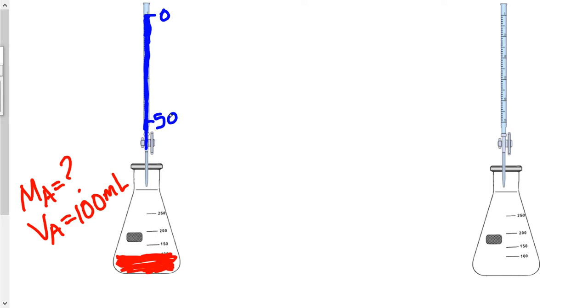But the only way you can see a color change is if you're using an indicator, otherwise you have to use a pH meter. So let's just say we are using an indicator, phenolphthalein. So we have to add that indicator to this Erlenmeyer flask.